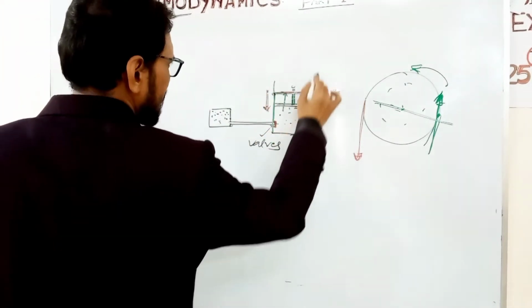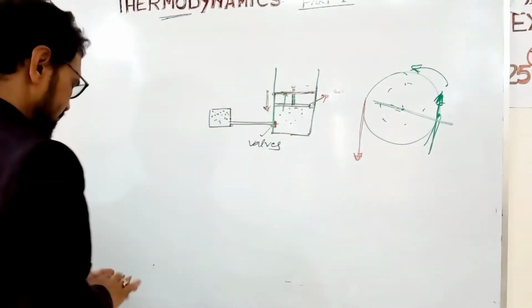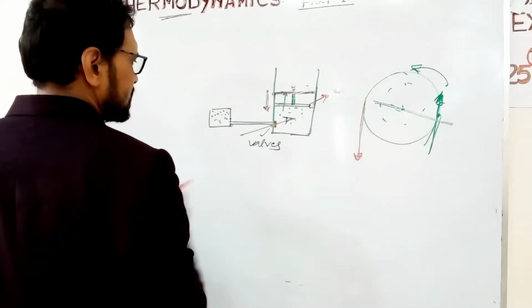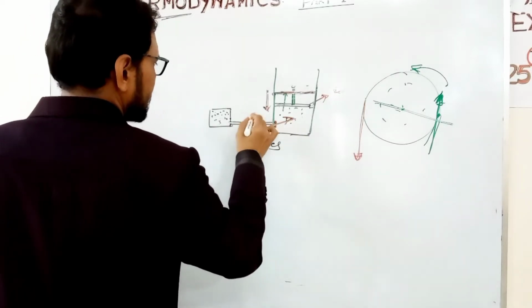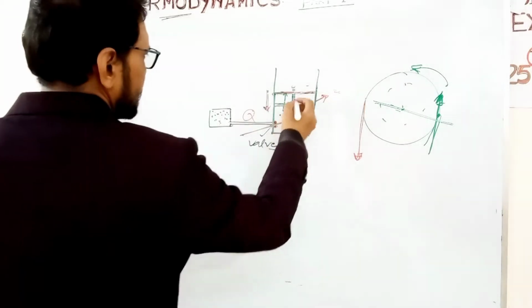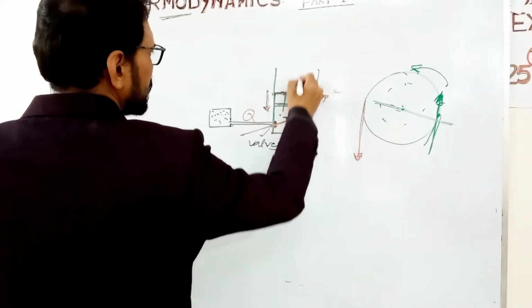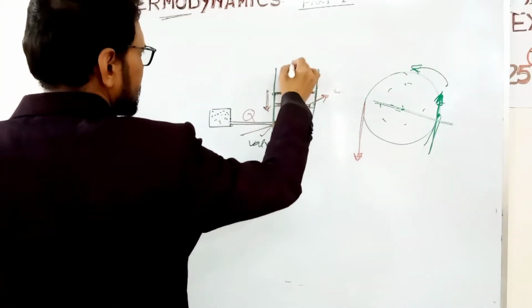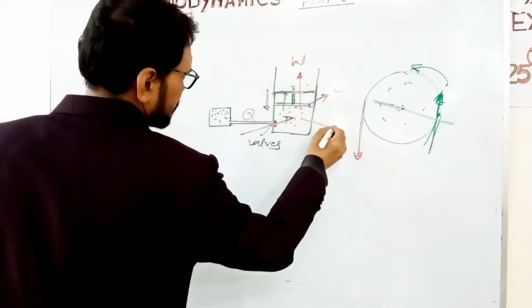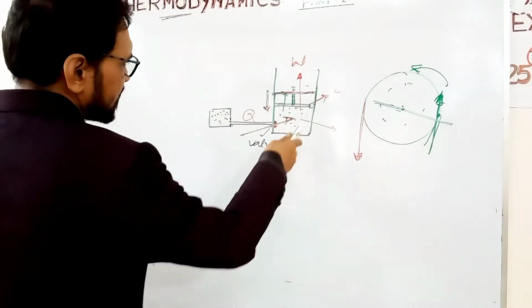Thermodynamics. This is a thermodynamic system. Here heat is entered into the gas, and the piston moves upward. That is work done by the gas, W, and also some heat is ejected from the system.